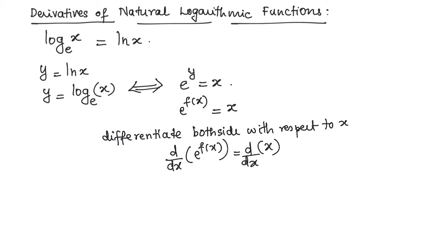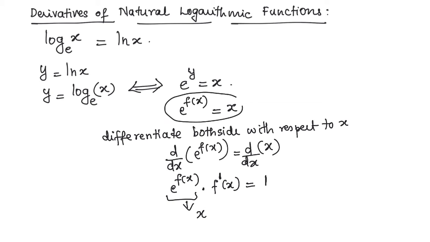Here I am going to use the chain rule. So e power f of x times the derivative of the inner function, that is f prime of x. Derivative of x is 1. E power f of x, we know that is just x. Then x times f prime of x equal 1.